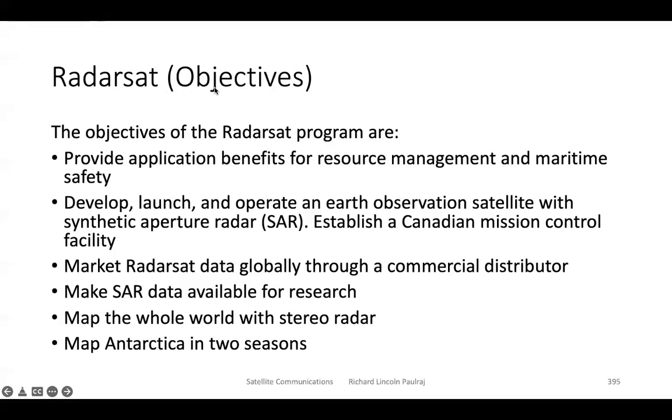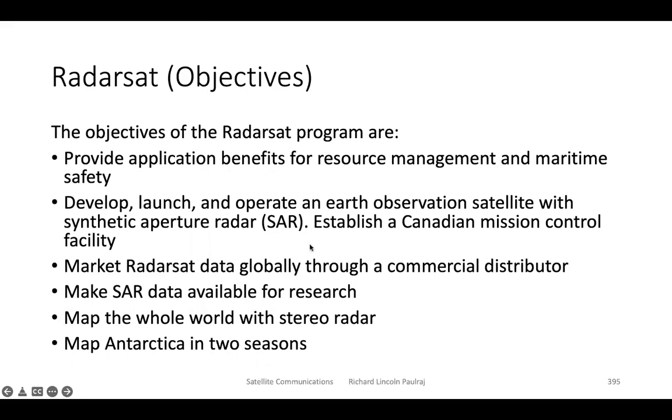So let's move on with the objectives. There can be a question based on the objectives. I can ask, what are the objectives of Radarsat? Why was it actually brought in? A concept with SAR, synthetic aperture radar.